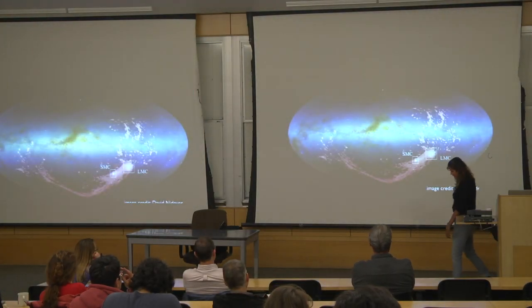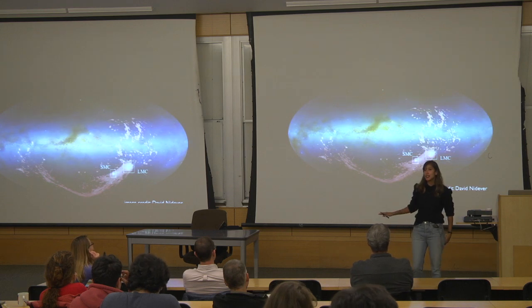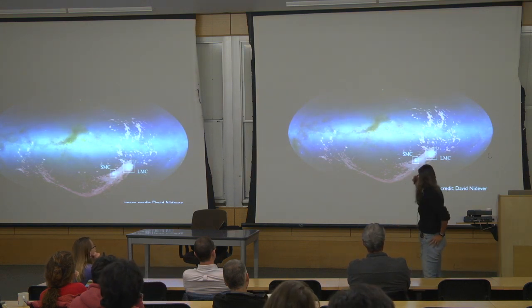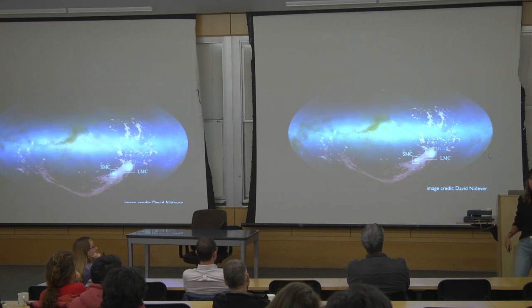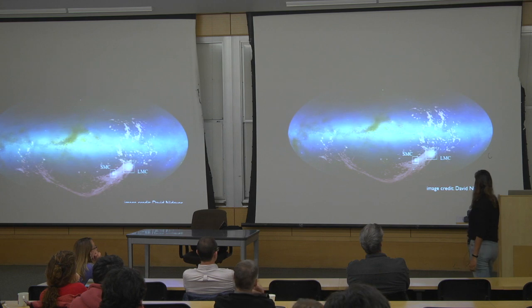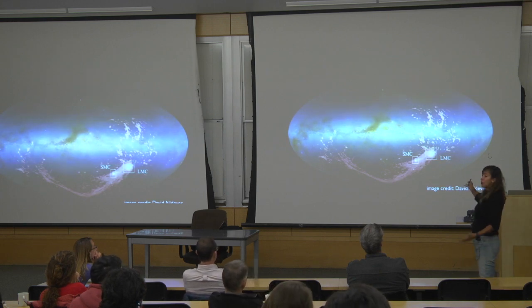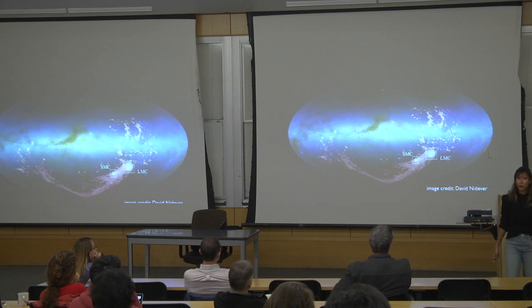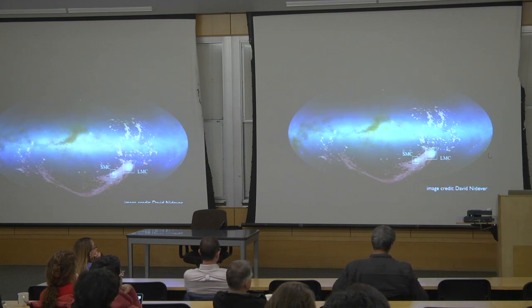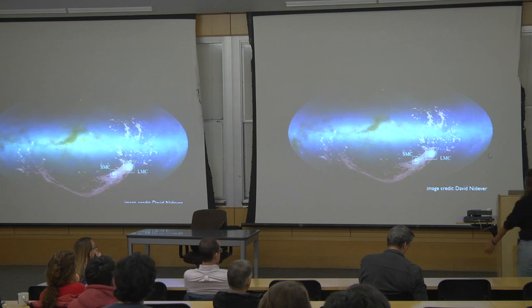So Laura mentioned that some of my old work is on the Magellanic Clouds. The Magellanic Clouds, the large and small Magellanic Clouds, confusingly named because they're galaxies, not clouds, are the brightest and most massive dwarf galaxy companions of the Milky Way. So they've been studied for a really long time.